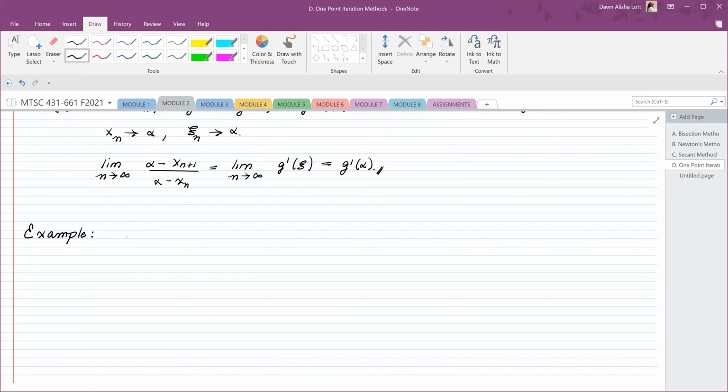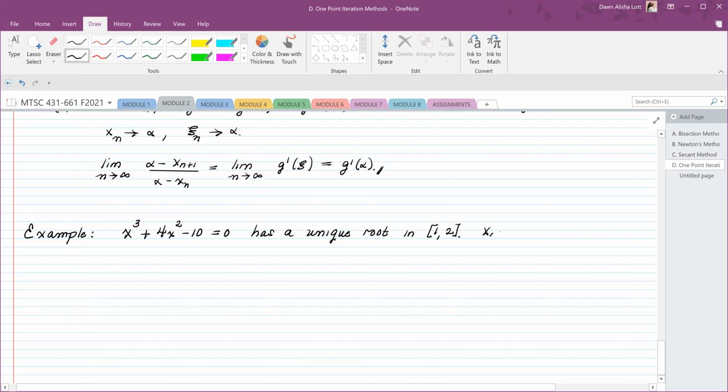I'm just going to say x cubed plus 4x squared minus 10 equals 0 has a unique root in the interval 1 to 2. So let's let x naught be 1.5. Remember, x naught can be anything we want.